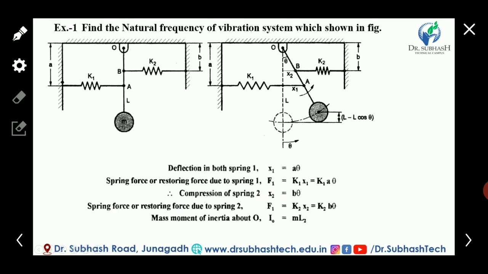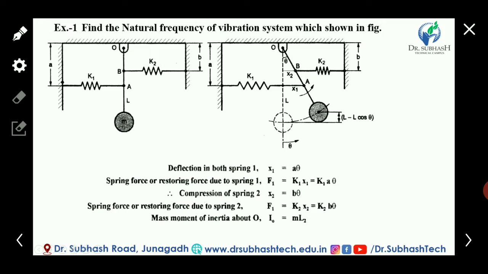Okay. Now the spring force or restoring force due to spring 2: we know it is stiffness into displacement. So the stiffness of the other spring is k2 and the displacement is x2. Now x2 is written in the form of theta, so it's b theta. So k2 b theta is the spring force.